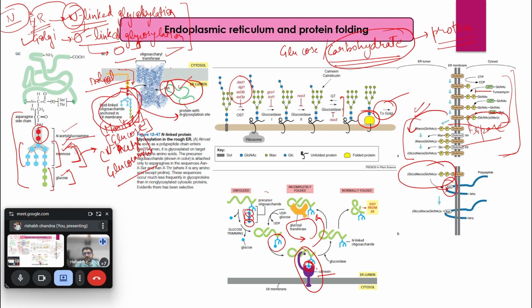Now calnexin sends it to the last glucosidase that trims off the final glucose moiety, and now the protein is fully folded and ready to be transported to the Golgi bodies. So the chaperones' work starts where the oligosaccharide is added on the protein molecule.